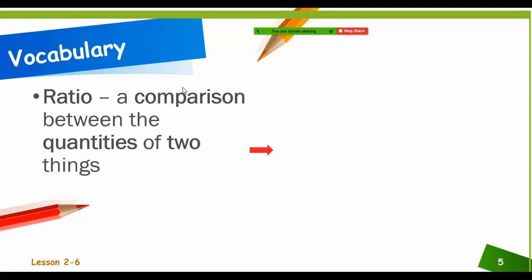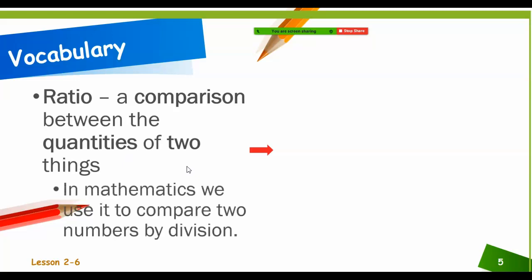Make sure you guys fill in the bold words. So you're filling in those bold words. Okay? In mathematics, we use it to compare two numbers by division. In math, we use it to compare two numbers by division.